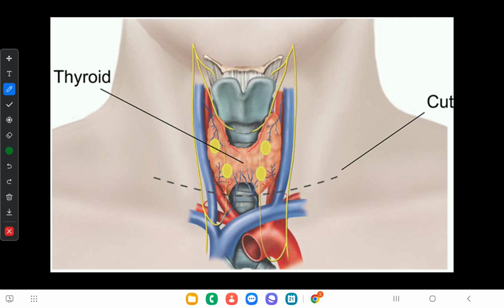The most common complication of thyroidectomy is hypoparathyroidism, causing parathyroid insufficiency and low calcium levels in the body. So you have to assess for complications after the surgery.